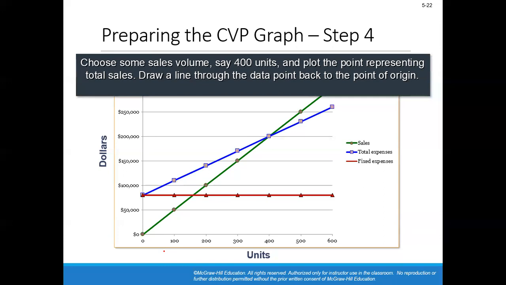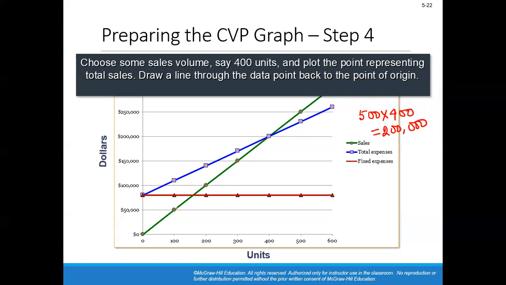Okay, next. For a sales volume of 400 units, if we have 0 units of sale, what will be our sales revenue? 0. And if we have 400 units of sale, we have sales revenue of 500 sales price per unit multiplied by 400 units, which would be 200,000.